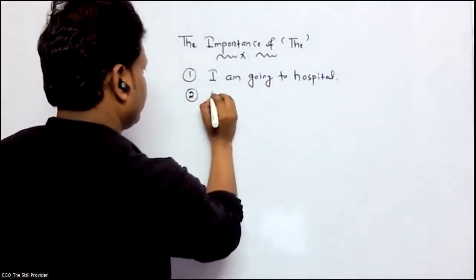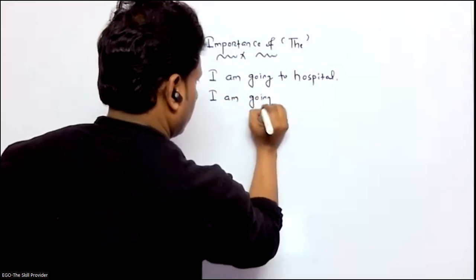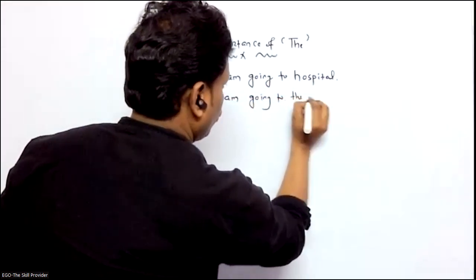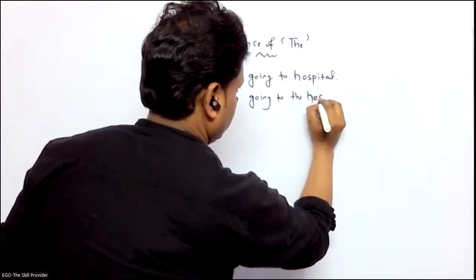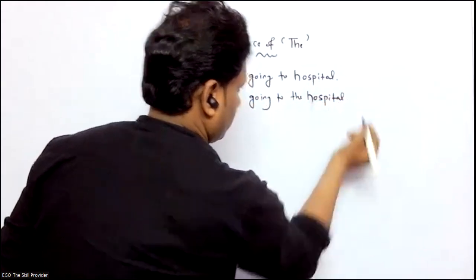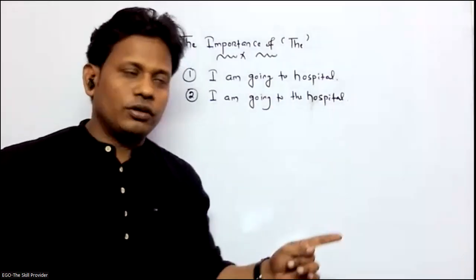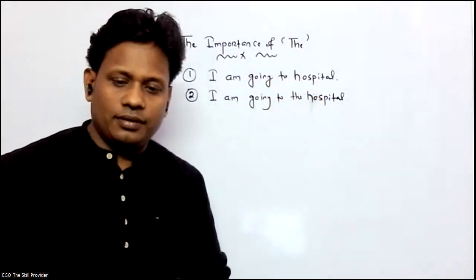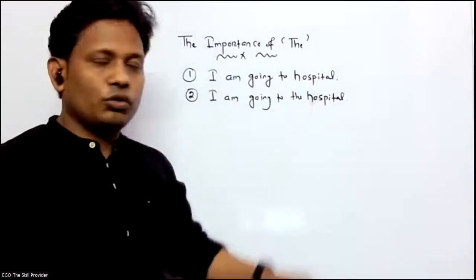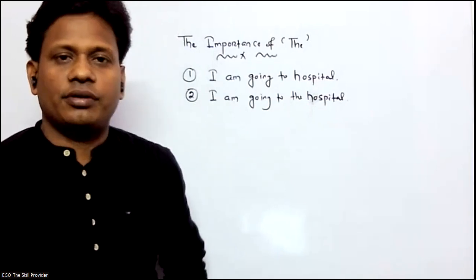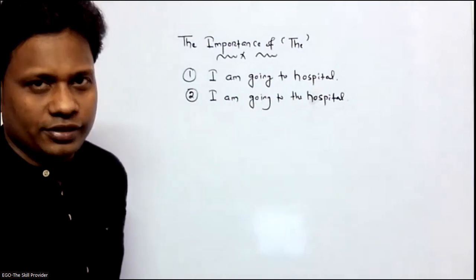And the second sentence: I am going to the hospital. So there are two sentences I have written for you. One is, I am going to hospital. The second is, I am going to the hospital. Could you please find out what's the exact difference, and what exactly you can get out of the two sentences?